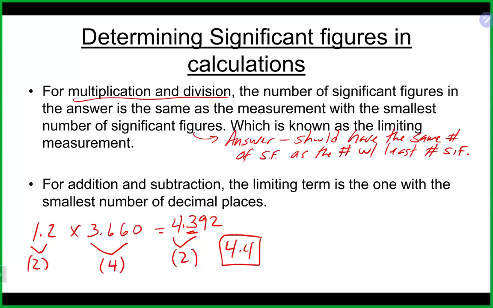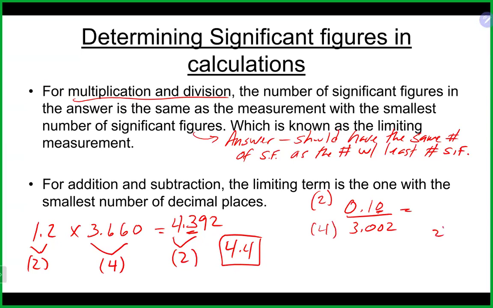If I take 0.10 divided by 3.002, I am dividing. The top number has how many significant figures? It has 2. The 0 is significant because there's a decimal point in that number. The bottom number has 4 significant figures.